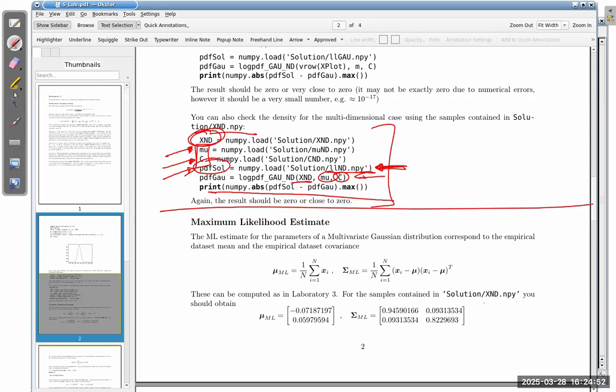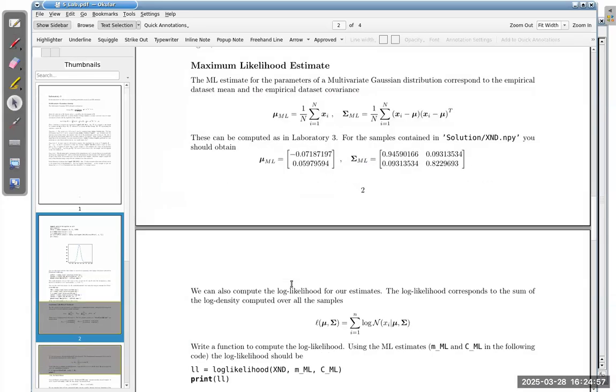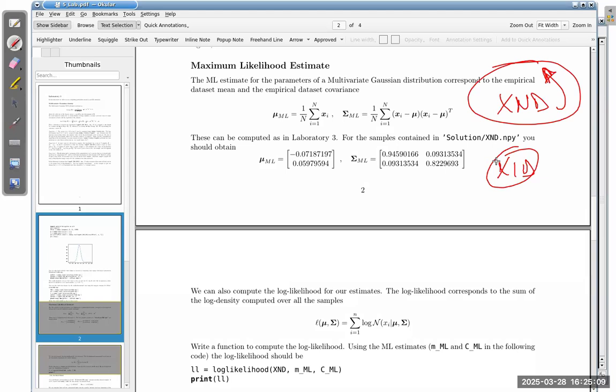The second part is computing maximum likelihood estimates from a given set of data, and in particular, we will use the XND matrix that you have before as dataset. We want to compute a fit to this data, the maximum likelihood fit.